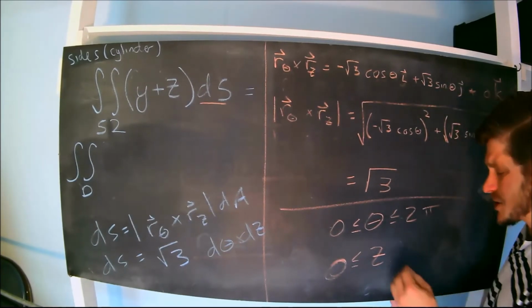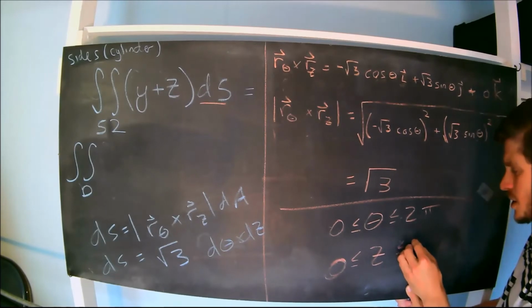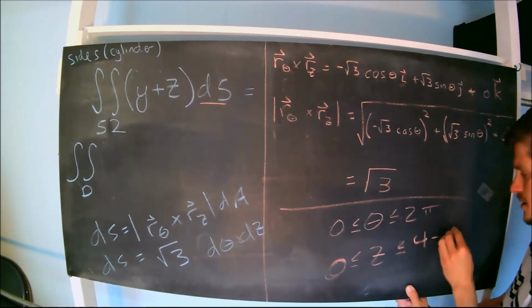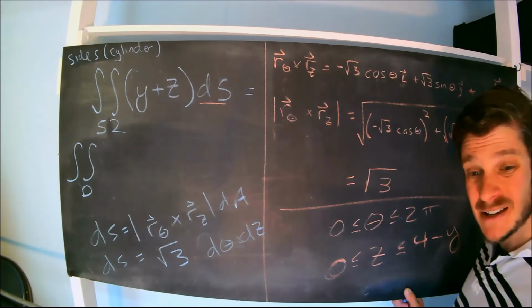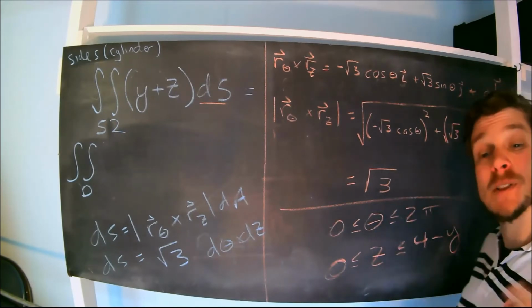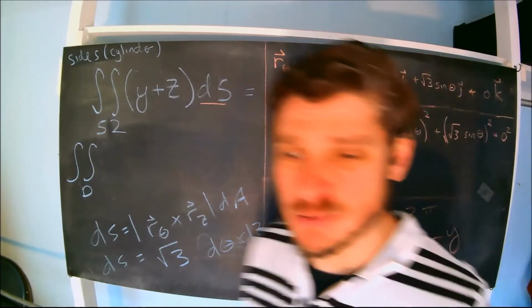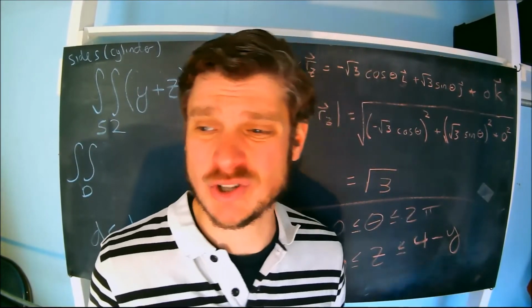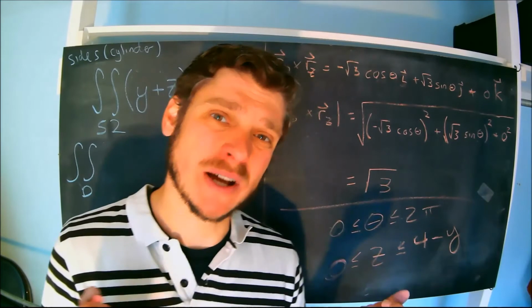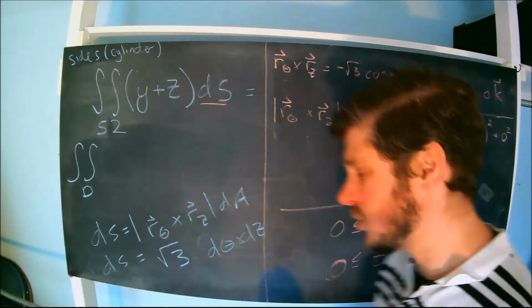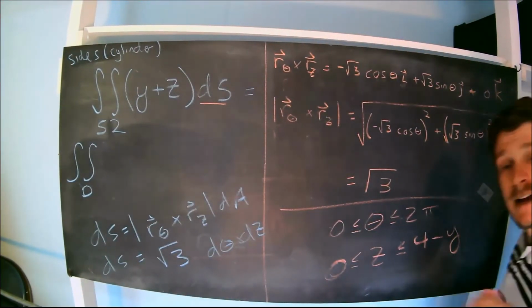But on the top, it's bounded by the plane 4 minus y. So that'll be my upper limit of integration, except, wait, I can't just introduce any brand new variables into here. I can't just use y. I'm going to have to substitute y for what we know y to be equal to.